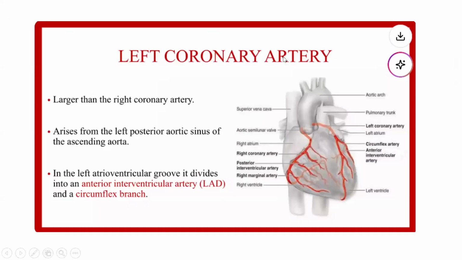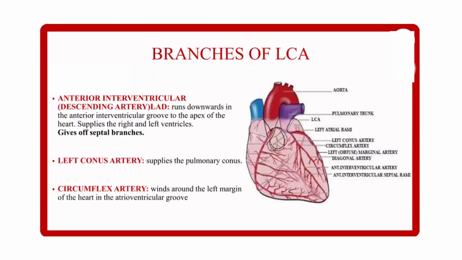So, the left coronary artery, the larger of the two, arises from the left posterior aortic sinus or left aortic sinus. In the left AV groove, it divides into the anterior interventricular artery and the circumflex branch. The anterior interventricular artery is the most commonly occluded artery, the LAD, left anterior descending artery.